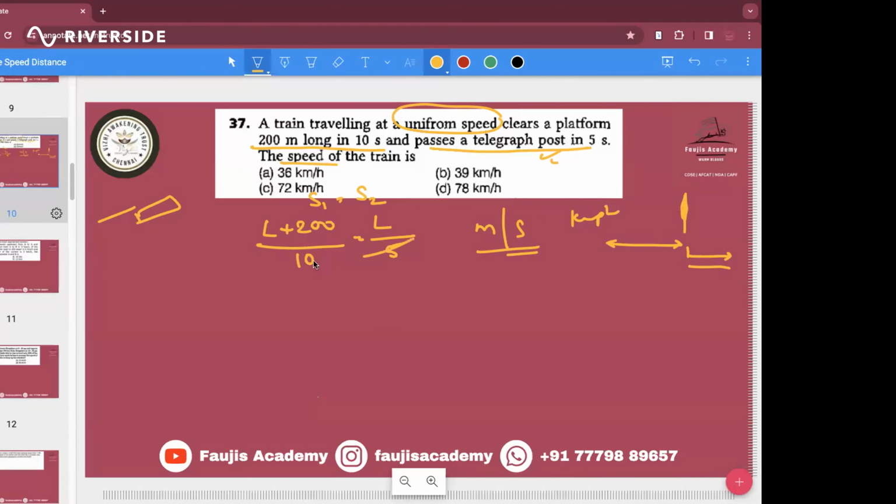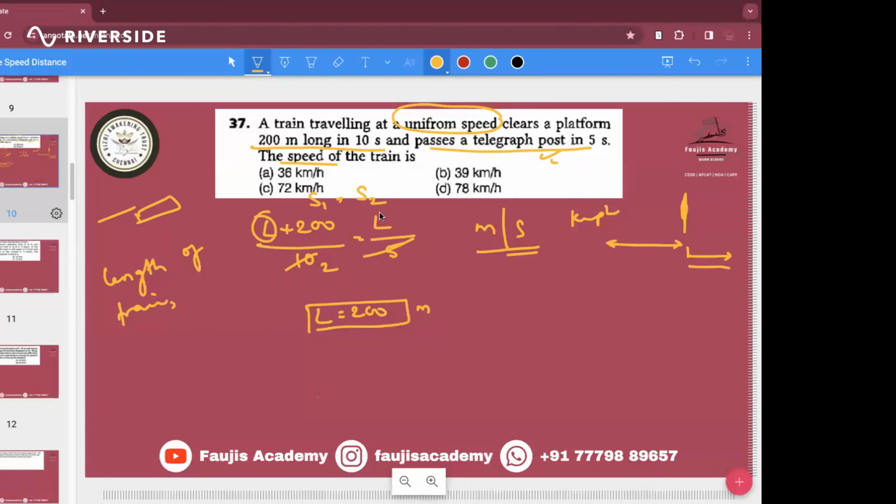If we solve this, it will become 2. Now 2 will go upwards. So L will become 200. Boys, girls, ladies and gentlemen, 200 meters is the length of the train.